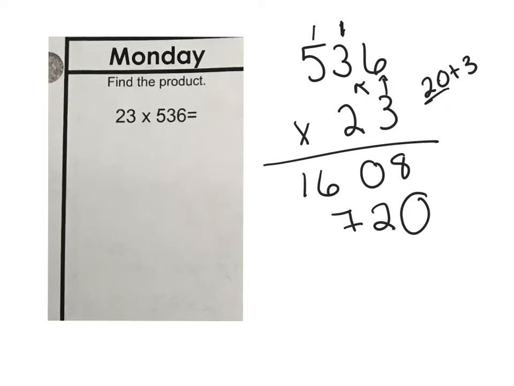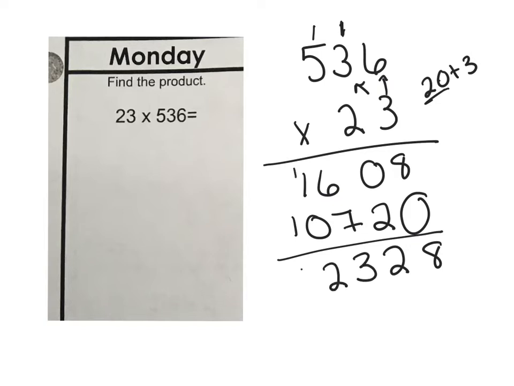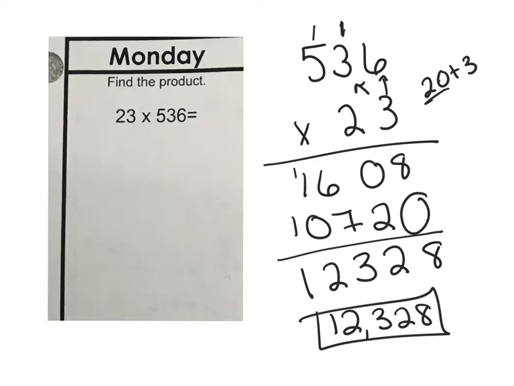And 2 times 5, which is 10. And then we are going to add. So we have 8, 2, 6 plus 7 is 13, carry a 1. 1 plus 1 is 2, 1. And then we're going to write this nicely. You will have 12,328 as your final answer.